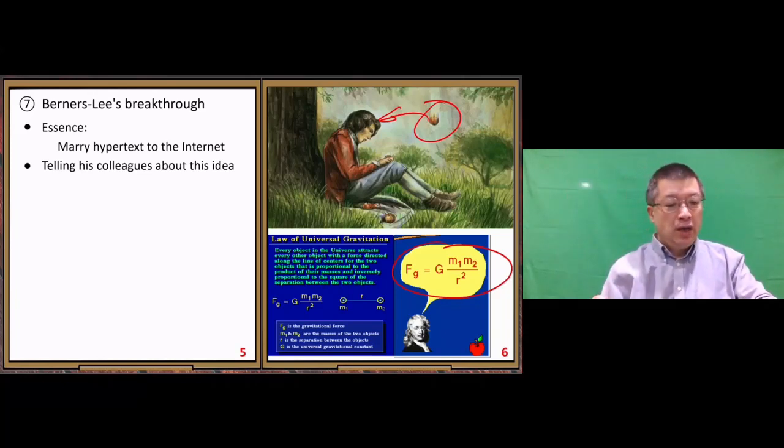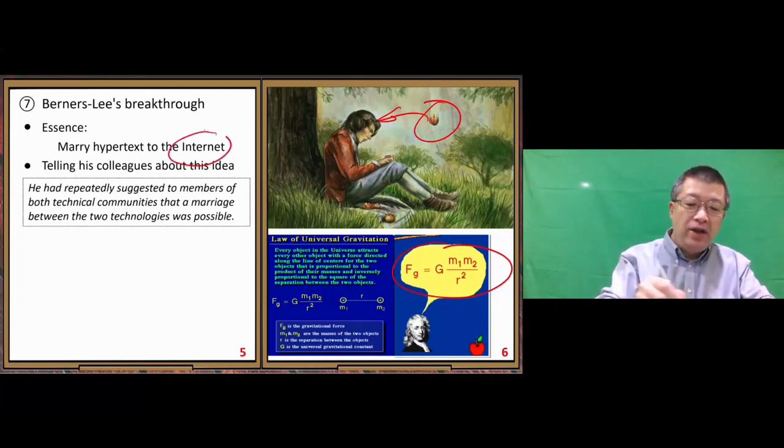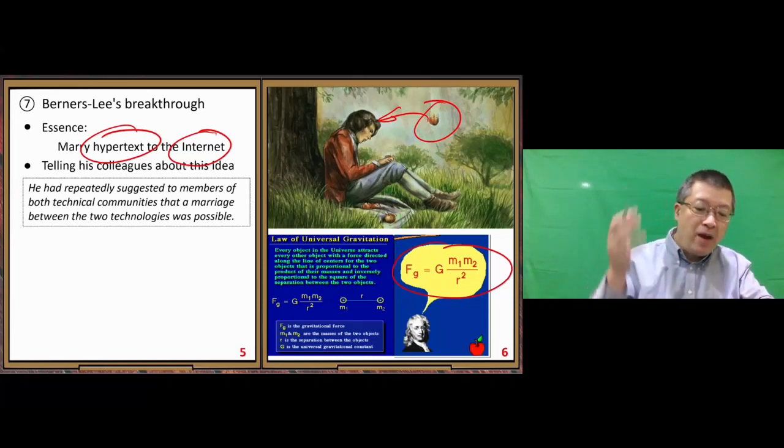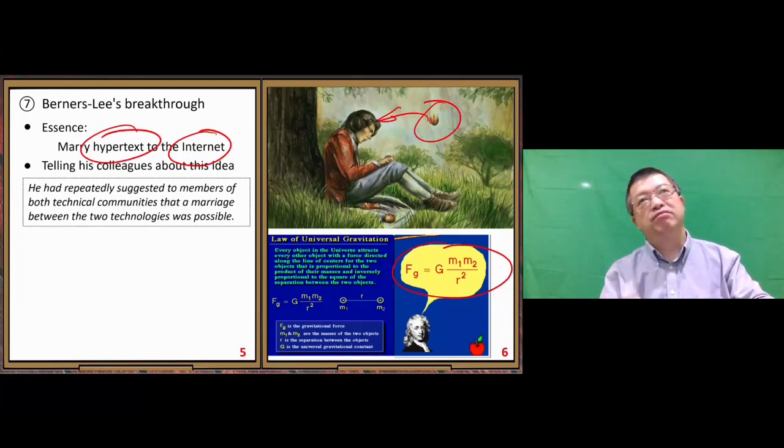He had repeatedly suggested to the members of both technical communities, the internet community and the hypertext community, that a marriage between the two technologies was possible.